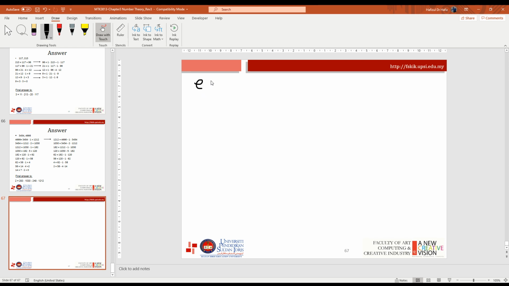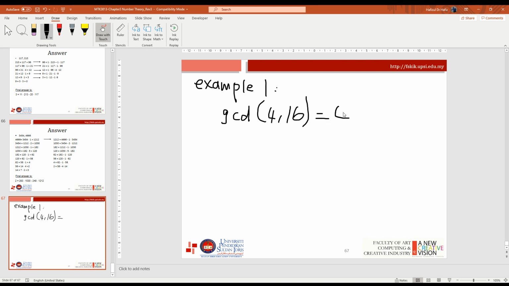Example one. We have GCD equal to 4. Then here 4 multiplied by something plus 16 multiplied by something equals 4. Sorry.